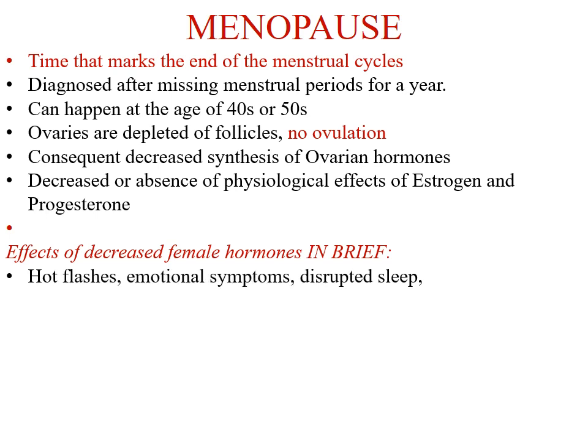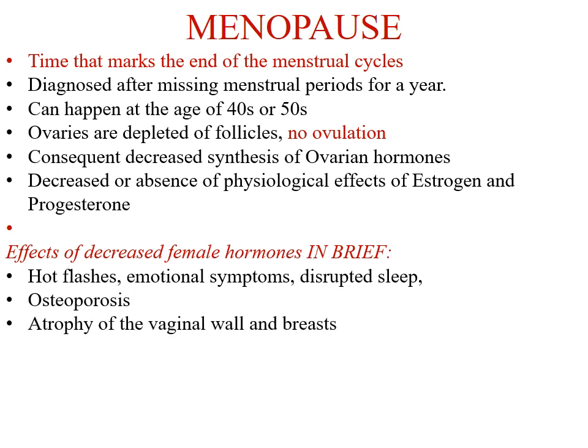Hot flashes, emotional symptoms, disrupted sleep. So these are some of the symptoms seen in menopause. Osteoporosis, easy breakage of the bones. Atrophy of the vaginal wall and breast. Loss of libido. Libido is the sexual interest or sexual drive.